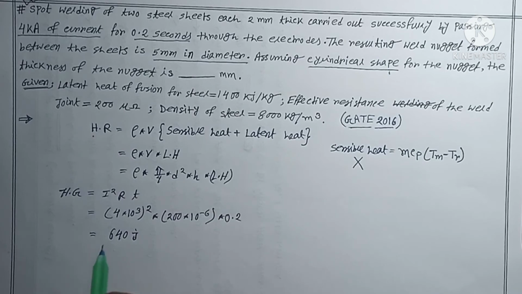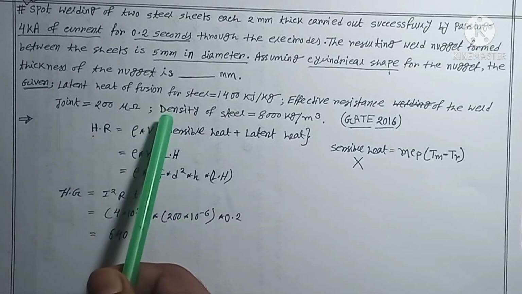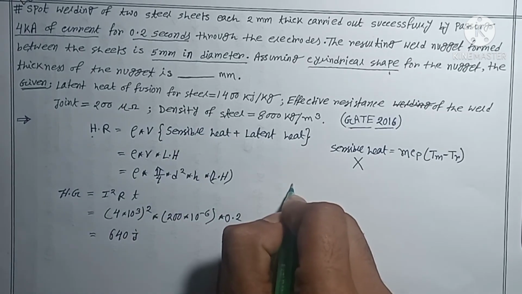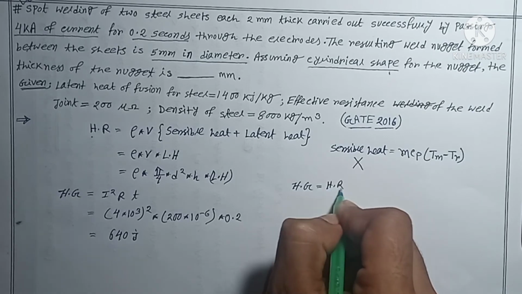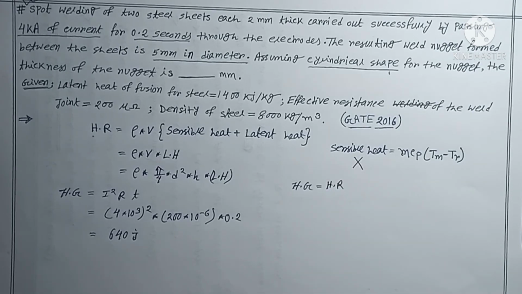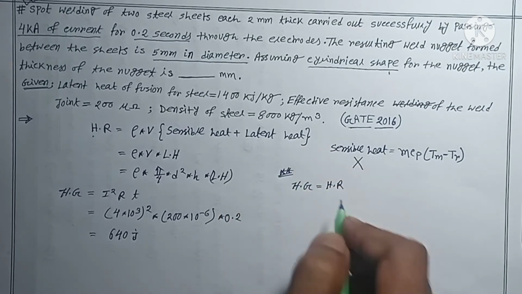Now basically what happened, the heat generation value is more than the heat requirement. But in this question you have to equate these two, heat generation and heat requirement, because there is no other way to solve the question. That's why for this particular question I am considering the heat generation equal to the heat requirement.